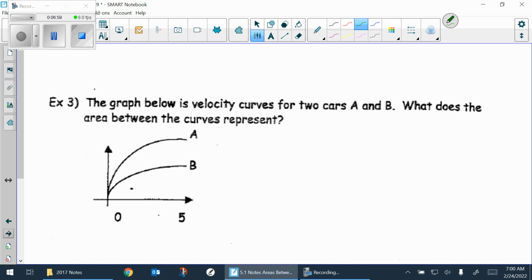All right, example 3, they don't ask us to actually find any particular area. It asks us, though, if we've got some velocity curves for two cars, car A and car B, what does the area between the curves represent? Well, the area under a velocity graph gives us displacement.